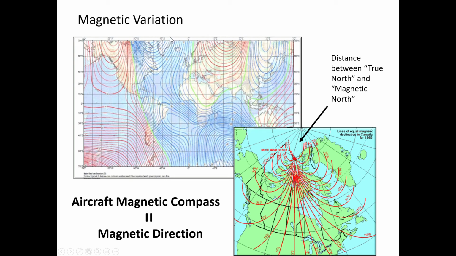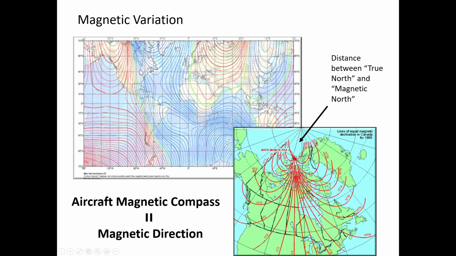And magnetic variation is simply the difference or the variation at that specific location between our magnetic reference system and our true reference system. So you could say if you're on this green line splitting down the United States, your magnetic variation is actually 0.